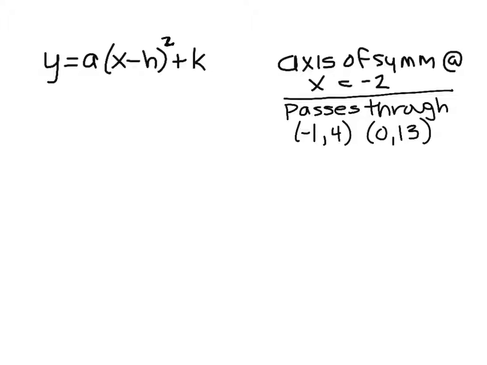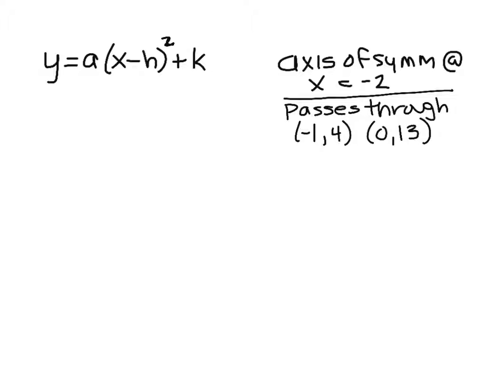So the first thing we see is there's an axis of symmetry at x equals -2. That means the vertex is somewhere on x equals -2. It's really not going to help us because we don't know the exact point, so it gives us an h but not a k value.